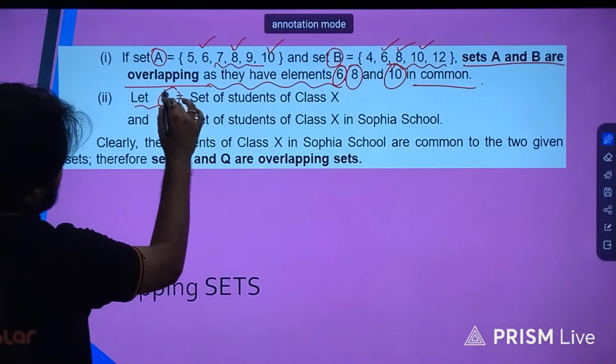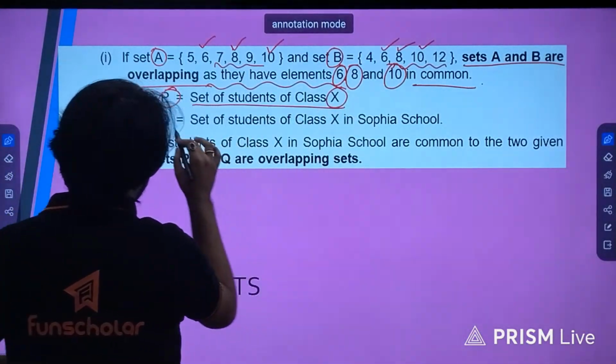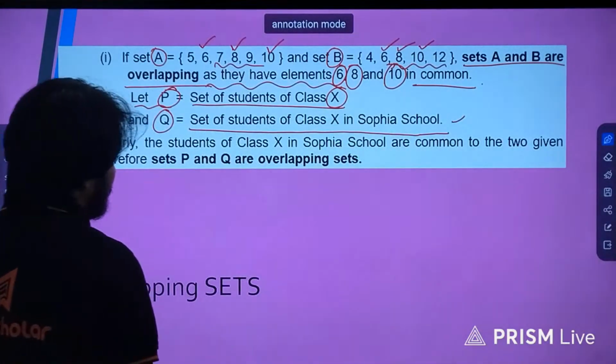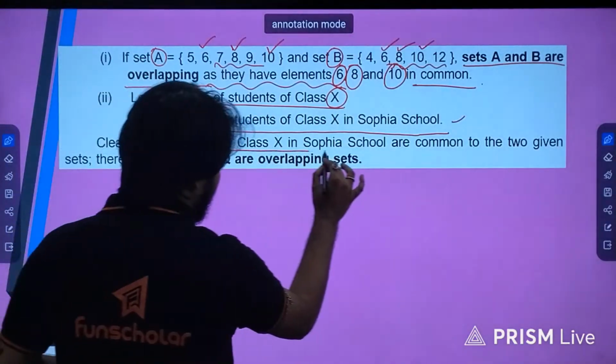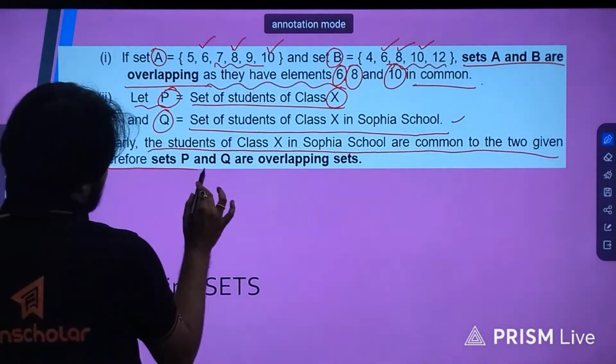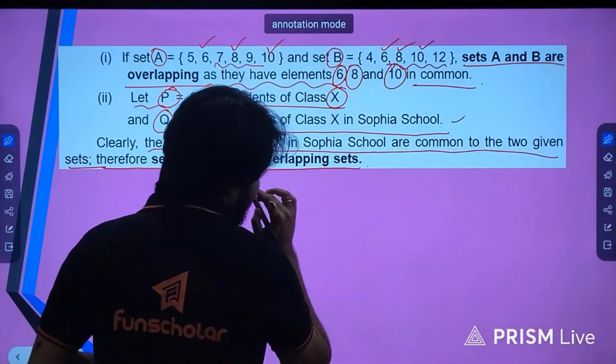Suppose P is the set of students of class 10 and Q is the set of students of class 10 in Sophia school. So the students of class 10 in Sophia school are common to the two given sets. Therefore, sets P and Q are overlapping sets.